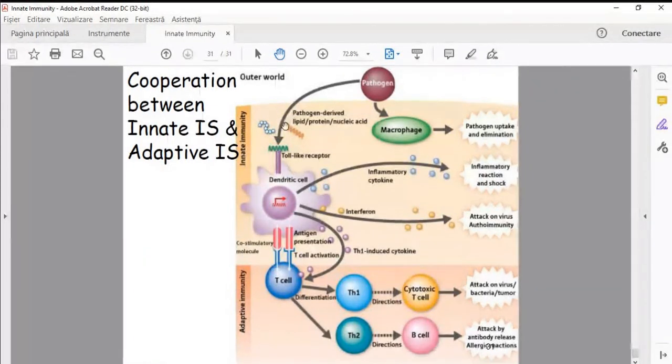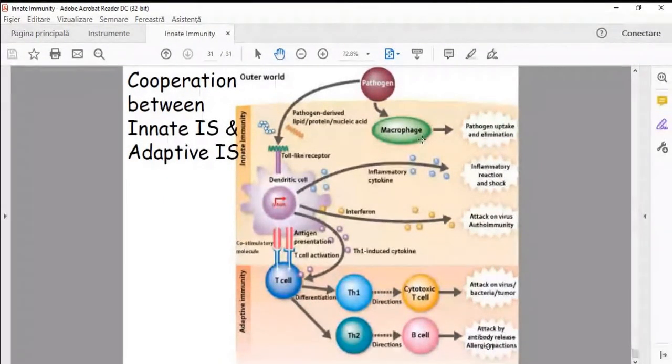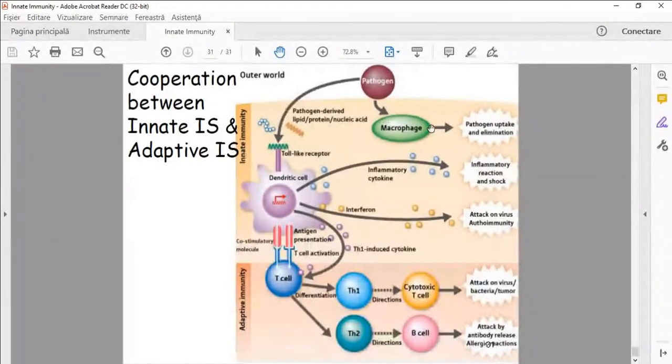As you already saw, after the entrance of the pathogen, the first layers of defense, which include barriers but also cells and humoral factors belonging to innate immunity, will fight with the pathogen.